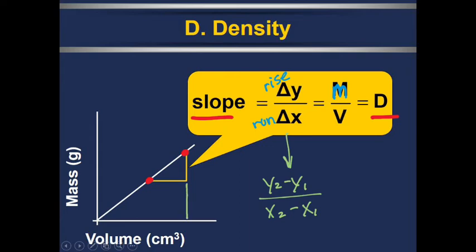I don't care which point you label 1 or 2 as long as you stick appropriately with them. So I'm going to label this point 2. This is point 1. So this would be x2, and this would be x1. As I come over here, this would be y1, and right over here, this would be y2.